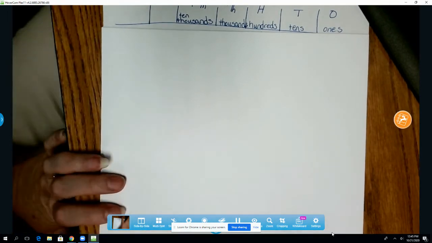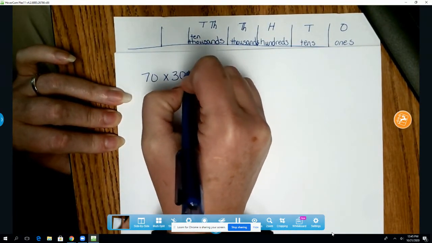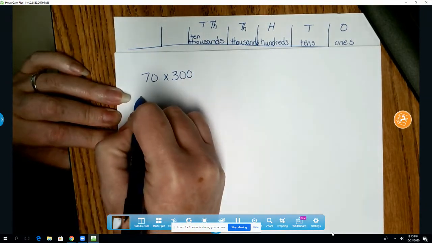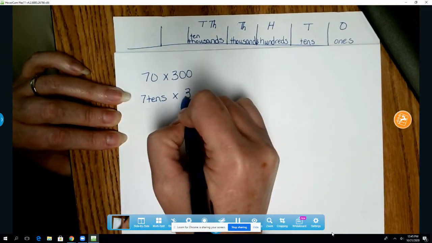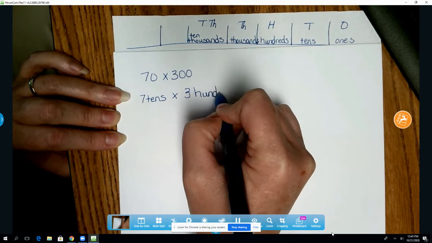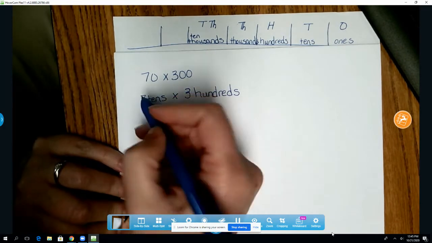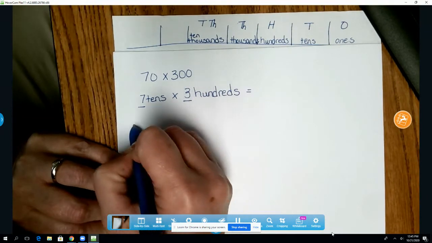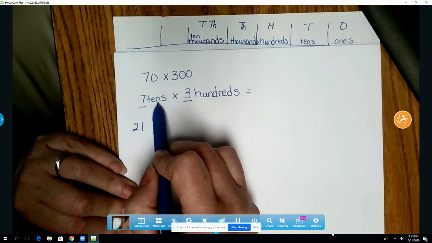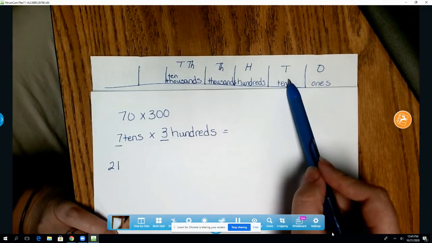Let's try 70 times 300. So that is 7 tens times 3 hundreds. Our math facts, 7 times 3 equals 21. And then we have tens times hundreds. We have tens and we want to go up 100.